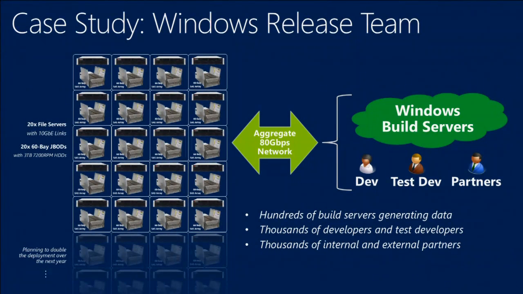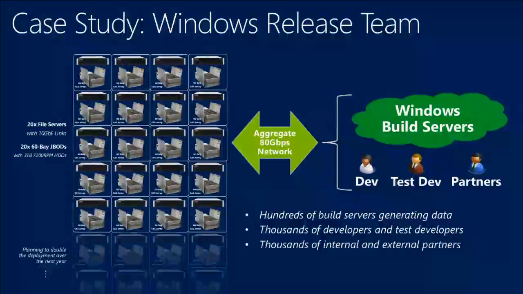In aggregate, this infrastructure was connected through a 60 gigabyte switching nexus inside that building, across the different labs in that building, to hundreds of build servers across the Microsoft campus, which generate build data every single day, thousands of developers and testers across Microsoft, both in Puget Sound and globally, and thousands of internal and external partners also utilizing this data for debugging and development.